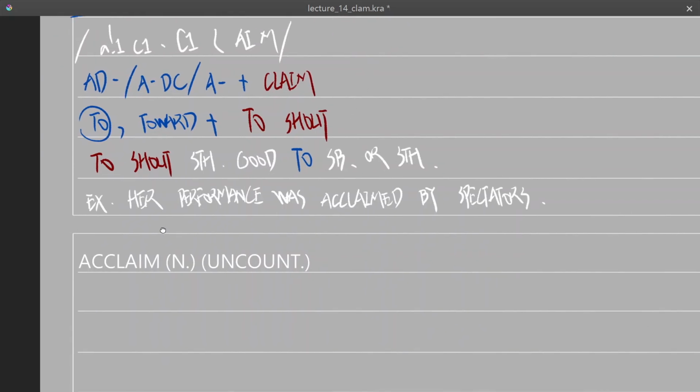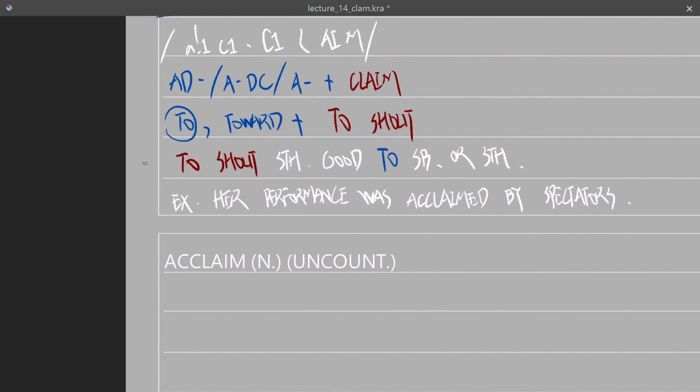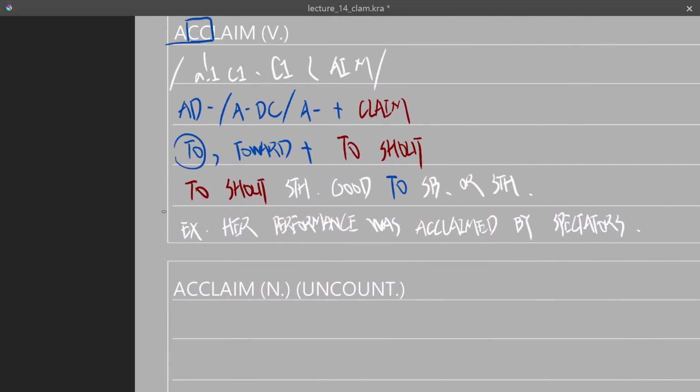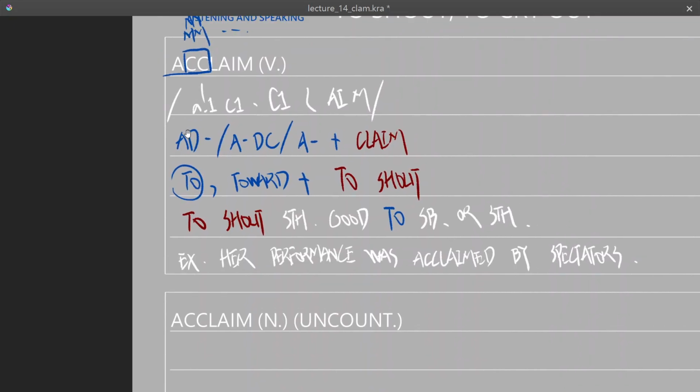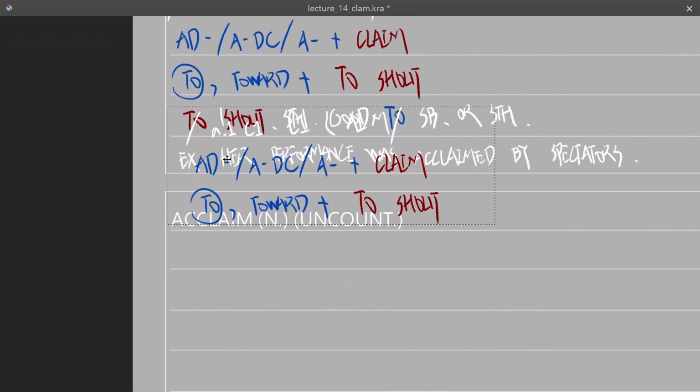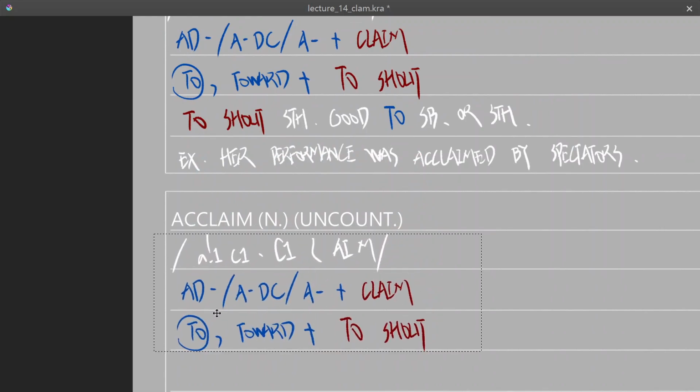Alright, next we have the noun of acclaim. Same pronunciation and same analysis. Let's again copy and paste. Acclaim.